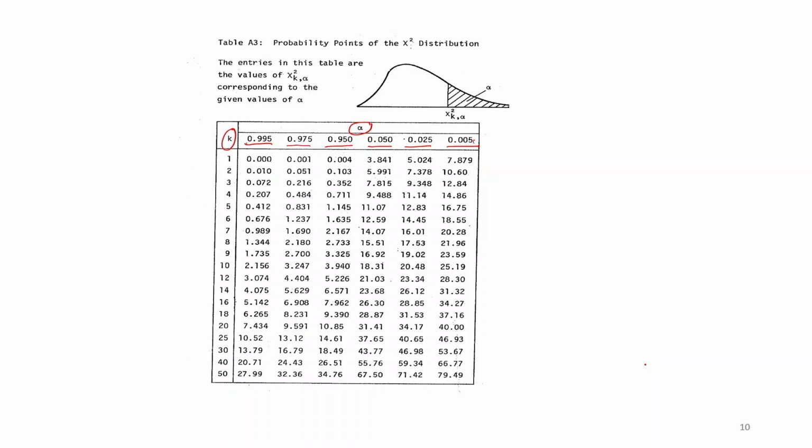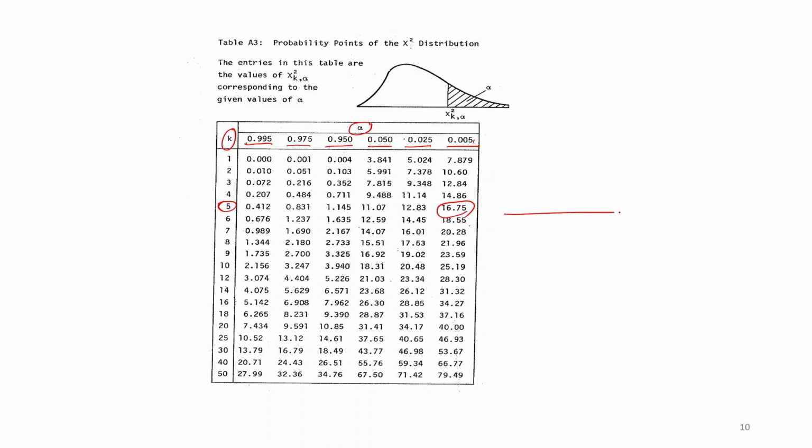Let us take as an example a value of k equal to 5, and if we go along this row, when we reach the last column, the value is 16.75. So that means when the area beyond this chi-square value, the alpha value is how much? 0.005.